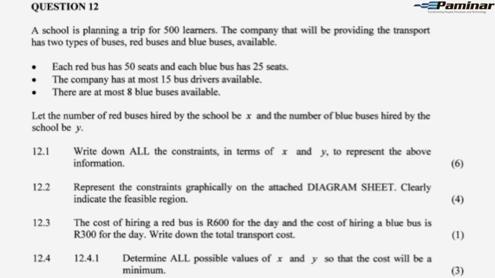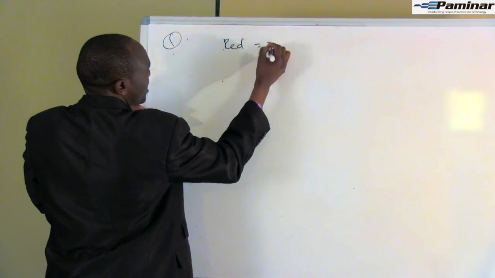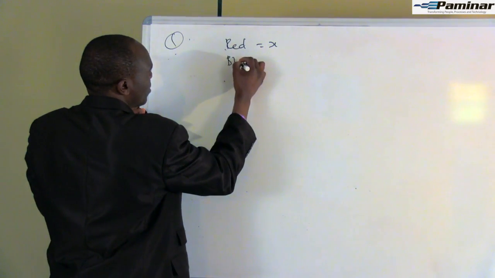The company has at most 50 bus drivers available. Scroll down. And there are at most 8 blue buses available. Now, let the number of red buses hired by the school be X, and blue, Y.